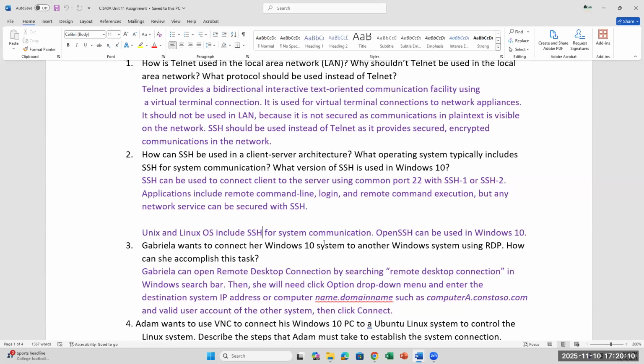And when you start using SSH, you would see that it's going to require you to generate a key. So you have to have the key in order to authenticate and access the system through SSH. You can find this information in your notes for today, Unit 11.